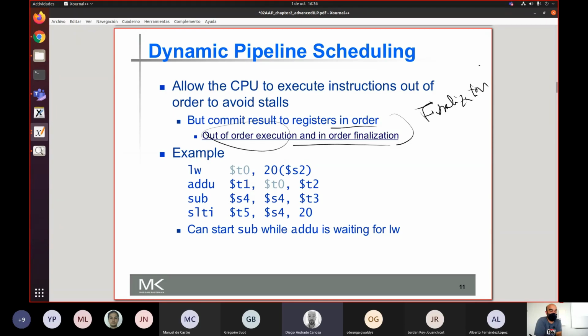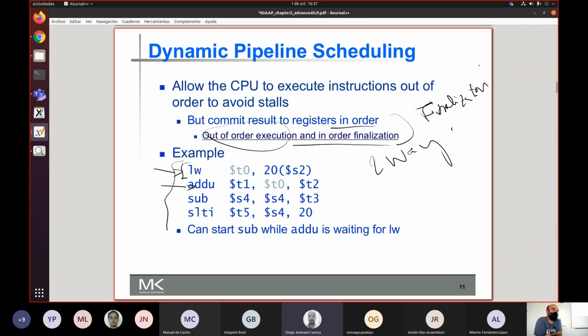Think that you have a two-way dynamic multiple issue processor, okay? And this processor examines the code to know which other instructions can be started or issued at the same time as the load operation, okay? So the ADD instruction is not a good candidate. Why is that? Because it has a hazard, okay?